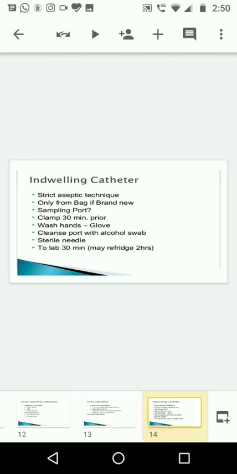How will you take a sample with an indwelling catheter? Use strict aseptic technique to prevent bacterial growth in the sample. If you are taking from the bag, it should be brand new, so that bacterial growth is not already present. The sampling port should be clean.